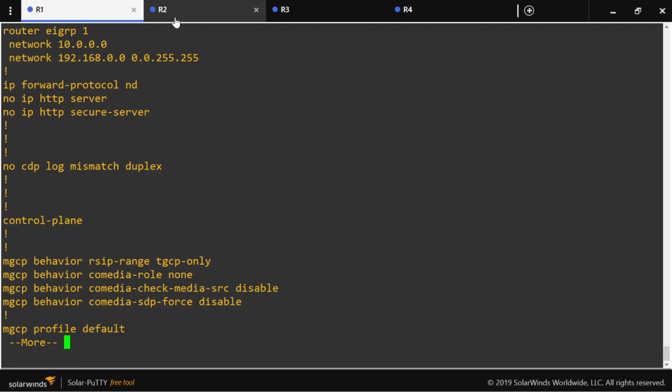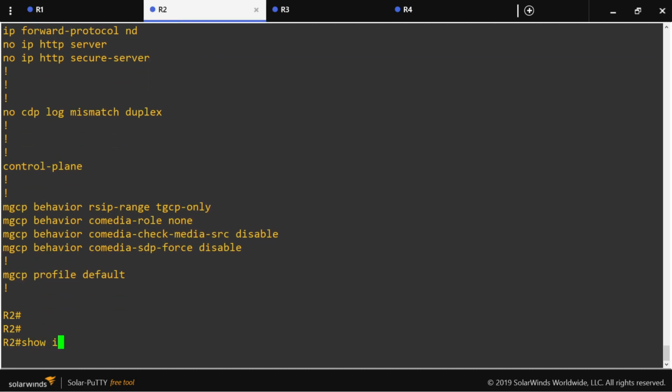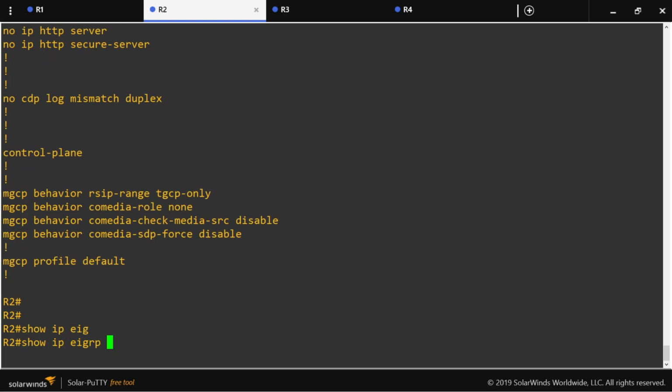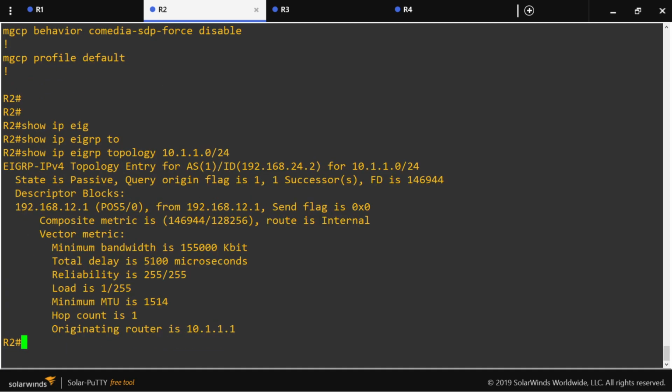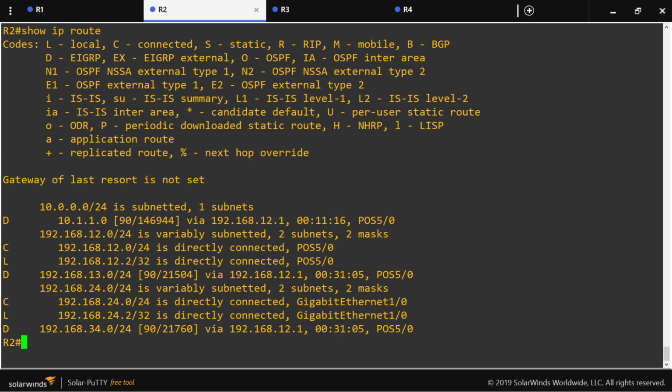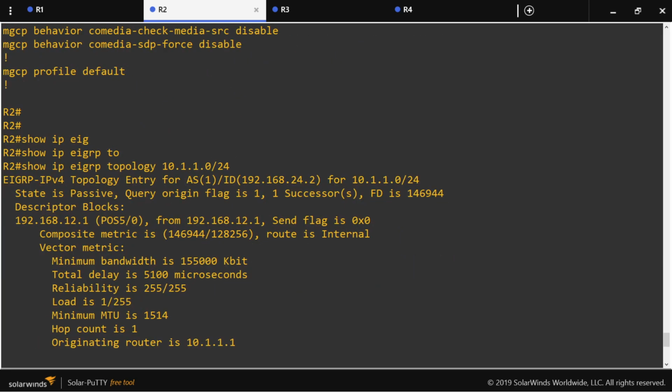So let's validate our metrics with show ip eigrp topology. We're going to work with this prefix, and we can see that the delay is given in microseconds and the feasible distance is a relatively short number. Let's see the RIB. We can see that the metric is the same as the feasible distance.